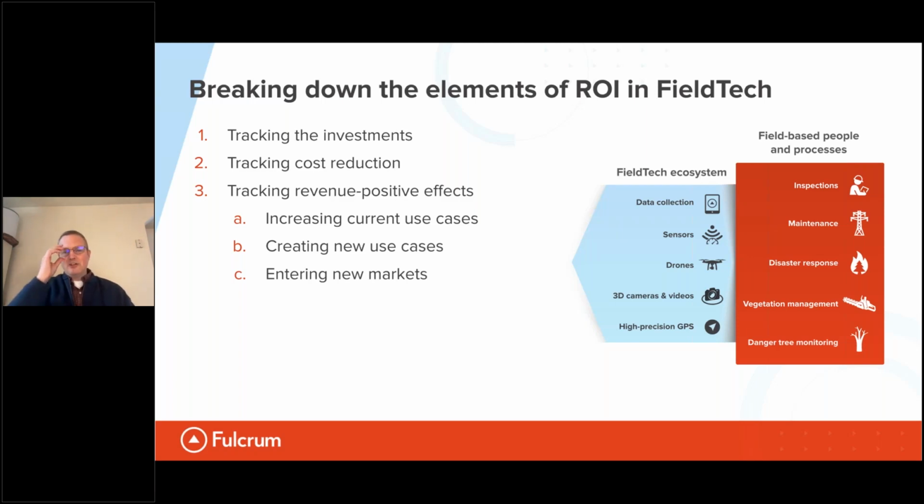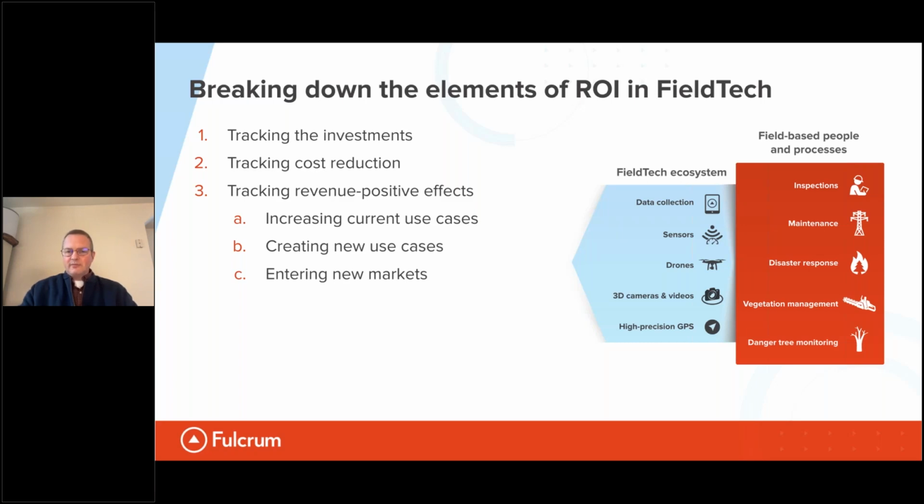And then finally, you might find yourself entering new markets. One of the things that we saw with one of our clients was that they spent a great deal of energy assembling the information necessary on paper to go and serve their larger government clients. And therefore, they had to leave a lot of money on the table from smaller organizations.